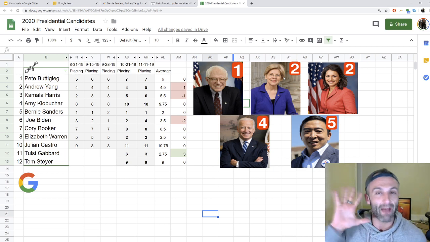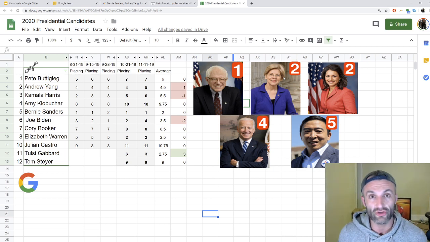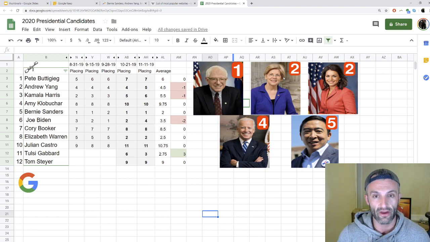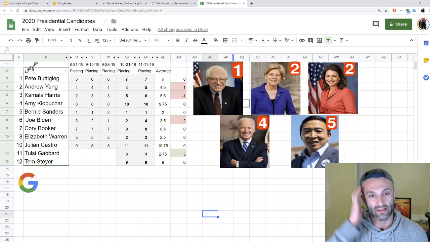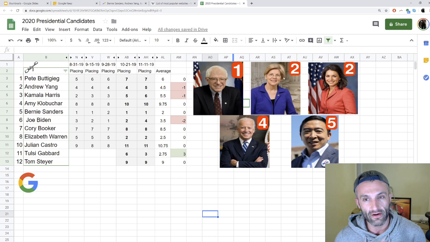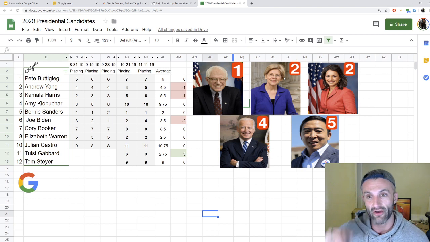So the top 5, according to Google web-based search on the 12-month, the 3-month, and the 1-month: number 1 overall is Bernie Sanders, followed by Elizabeth Warren, and I messed it up, but actually Miss Gabbard is number 3, not number 2.